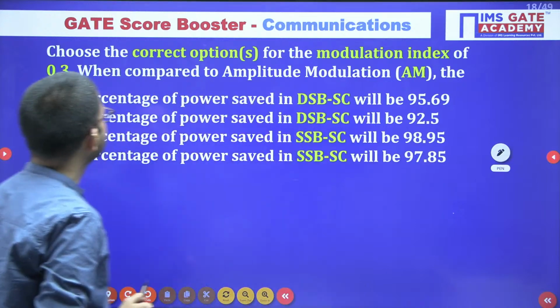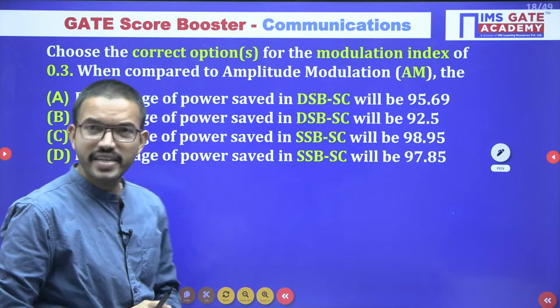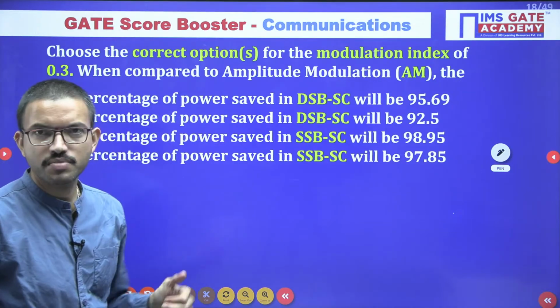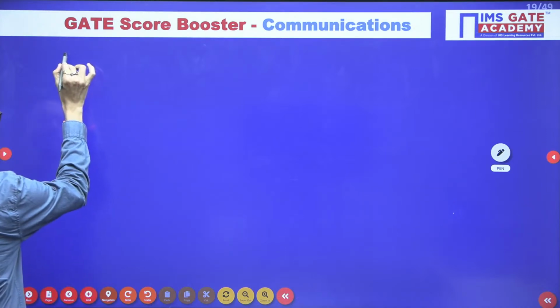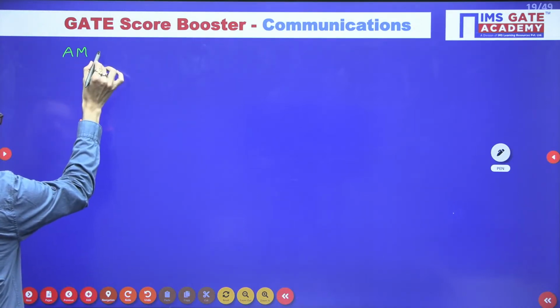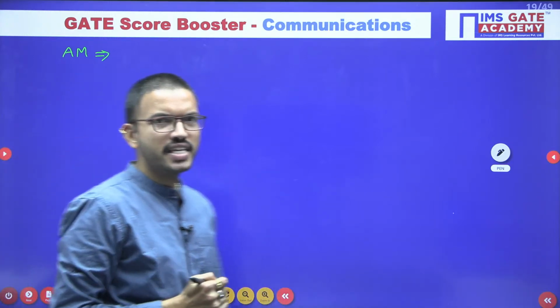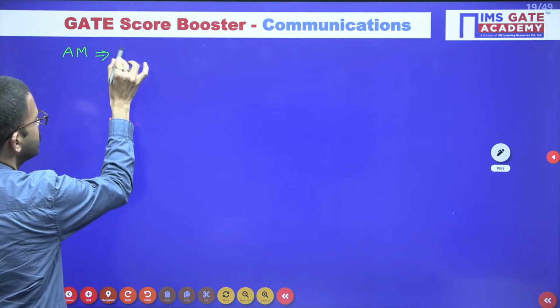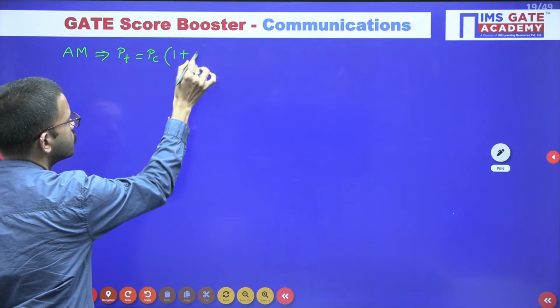Yeah, time up. So here, first let us solve the question with respect to DSBSC, after that with respect to SSBSC. So in general, whenever you have an AM signal, the power required for transmitting the AM signal is PT equal to PC into 1 plus mu square by 2.